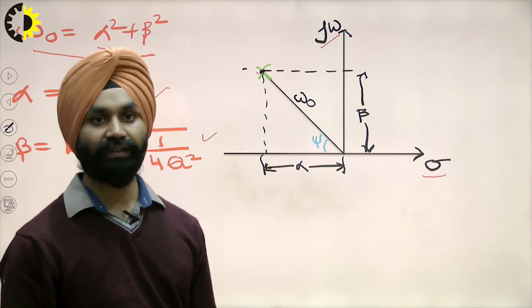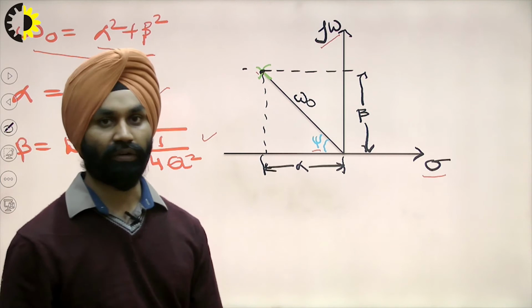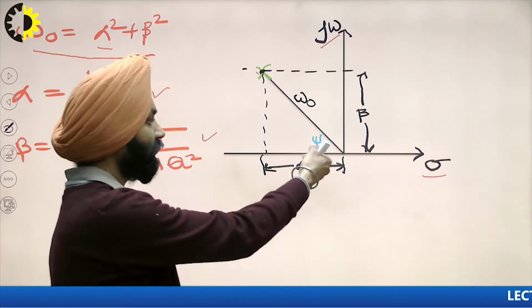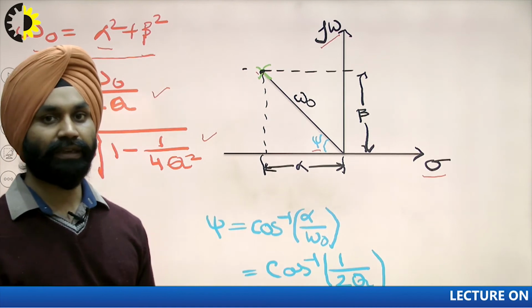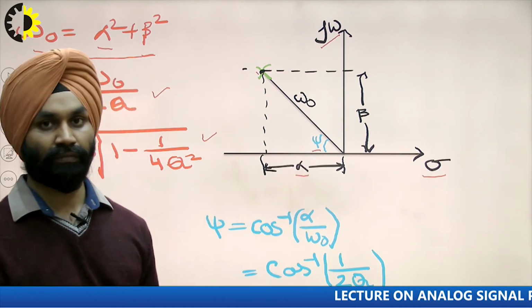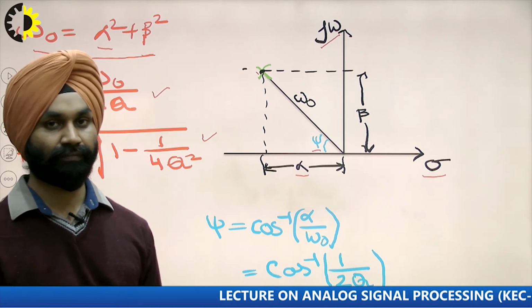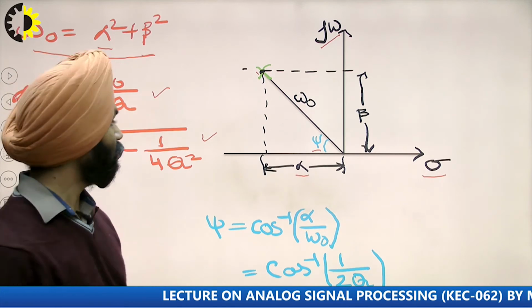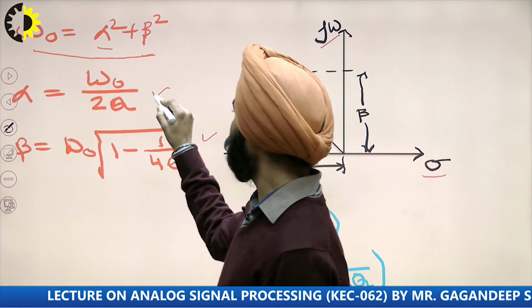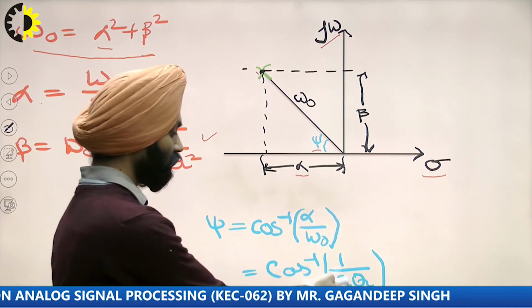We can define another angle, psi, to show this pole. If we find out this angle, it can be given by cos inverse alpha by omega naught. Or, from the earlier equation, alpha by omega naught is equal to 1 by 2q.